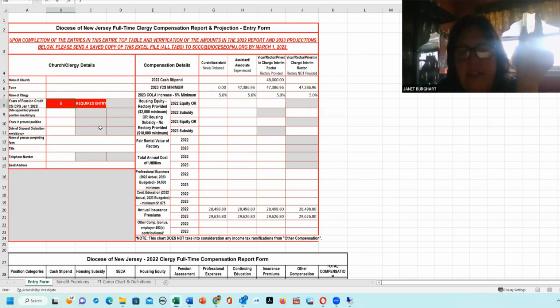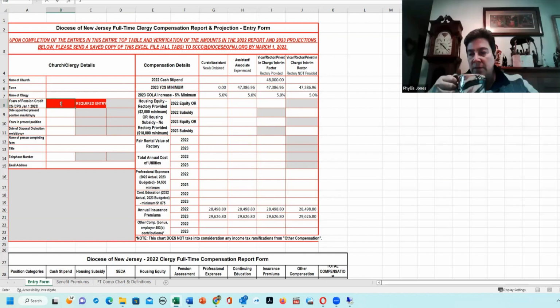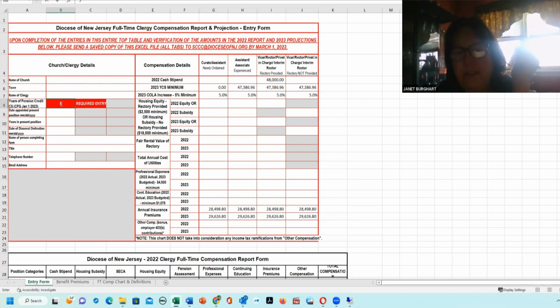Where do you get the information for the years of service? I called Church Pension and they gave it to me. Right. So that's where you get it. Your clergy person should have it. They get a report every year. They're actually required to file a report every year, and then they get a statement every year from Church Pension Group, and included in that statement is their years of credited service.